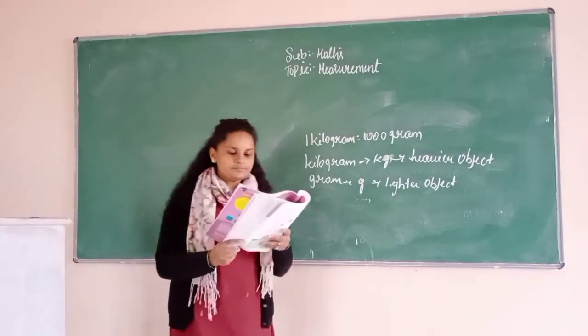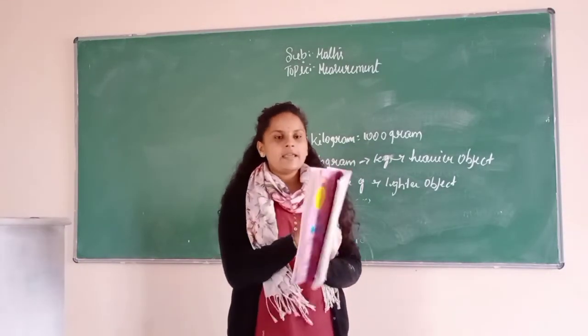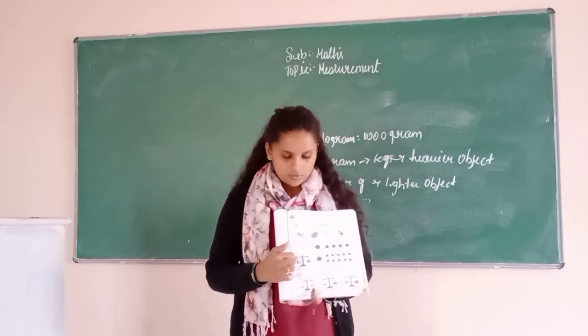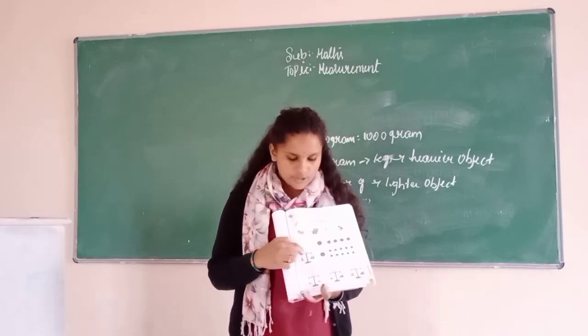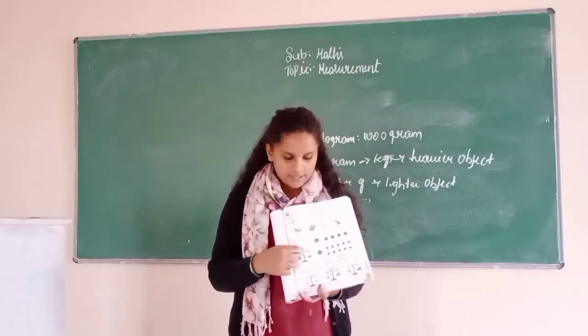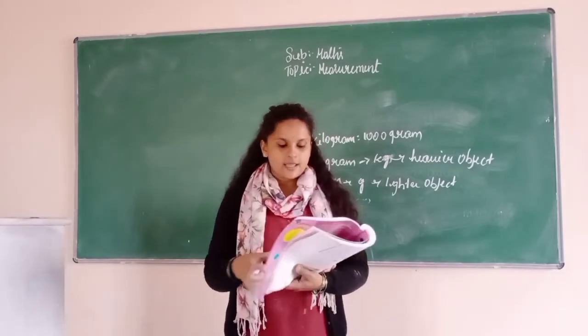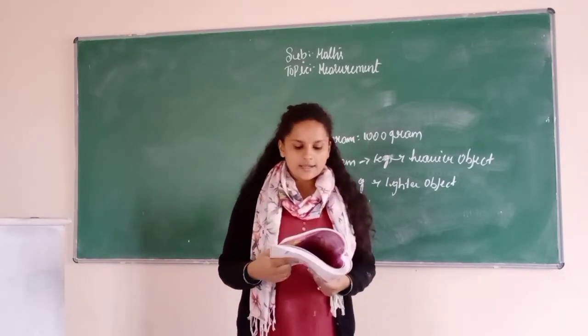So we have the weight here. This is called the weighing scale. The pointer shows towards the center. It means it is balanced. So 1 kg.